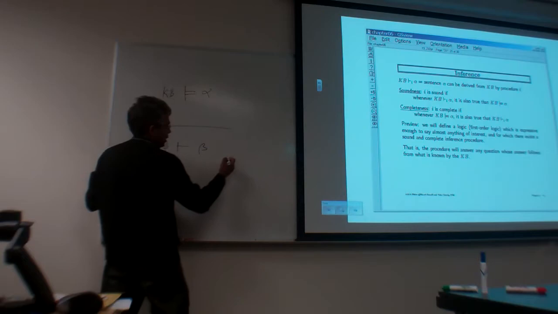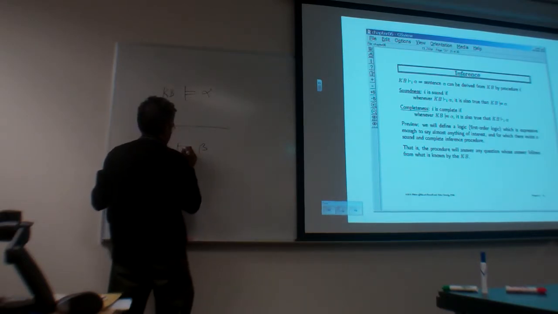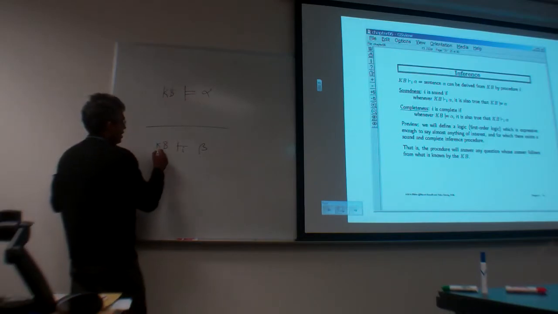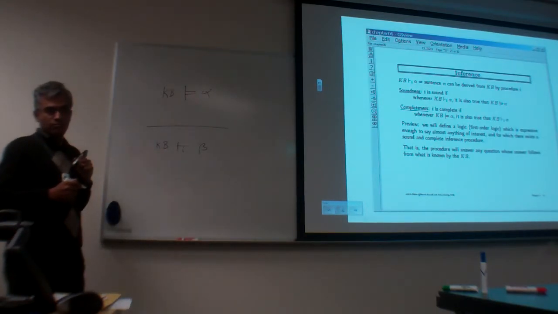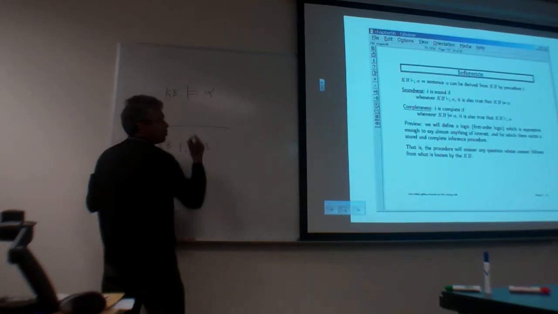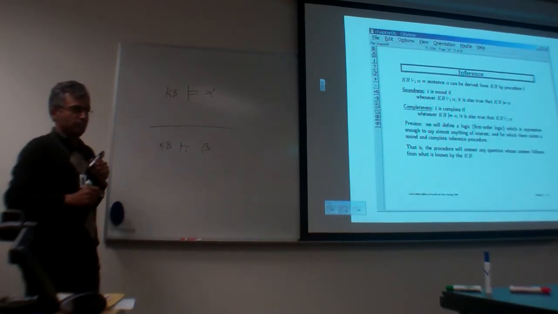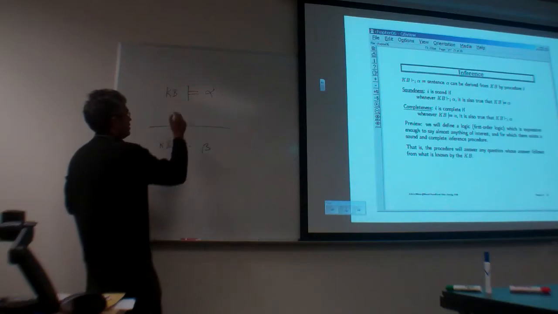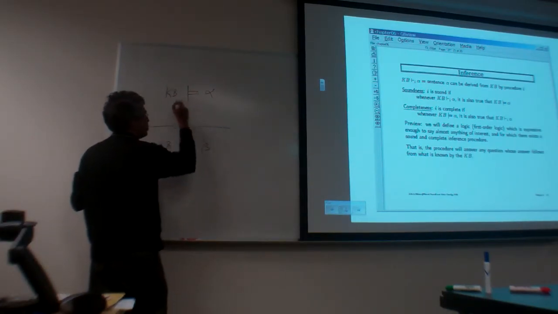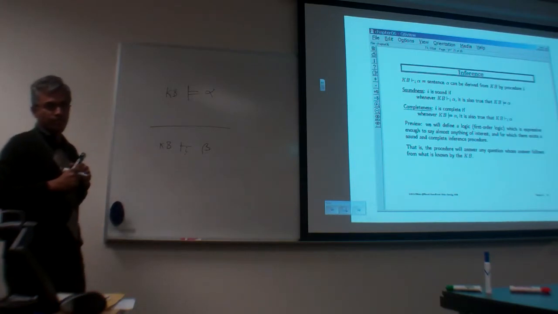Suppose you are using some inference rule I. Then you're saying, according to this inference rule, beta can be derived from the knowledge base. The reason you're doing this is because you are actually trying to compute this. Since this is the gold standard, the question is whether this is really computing the gold standard or not.